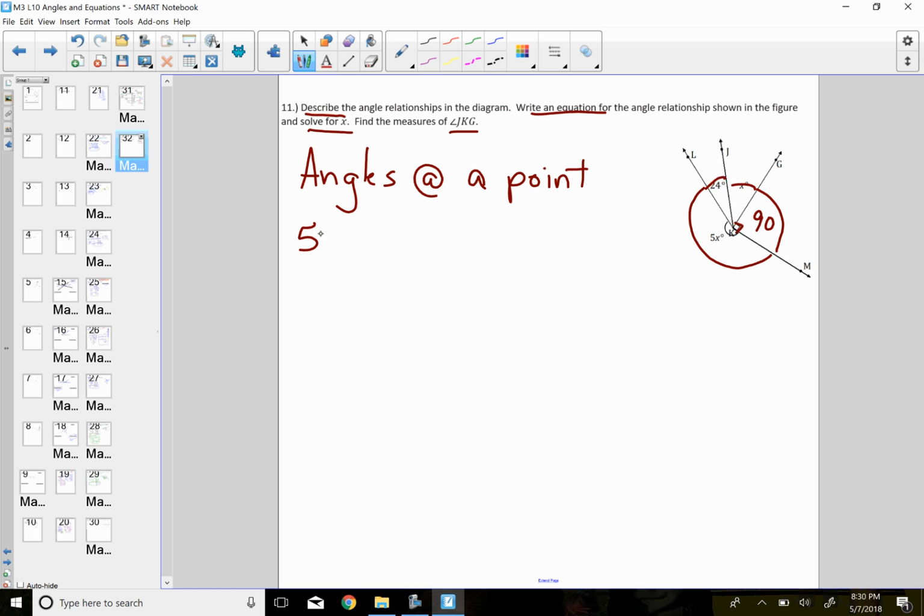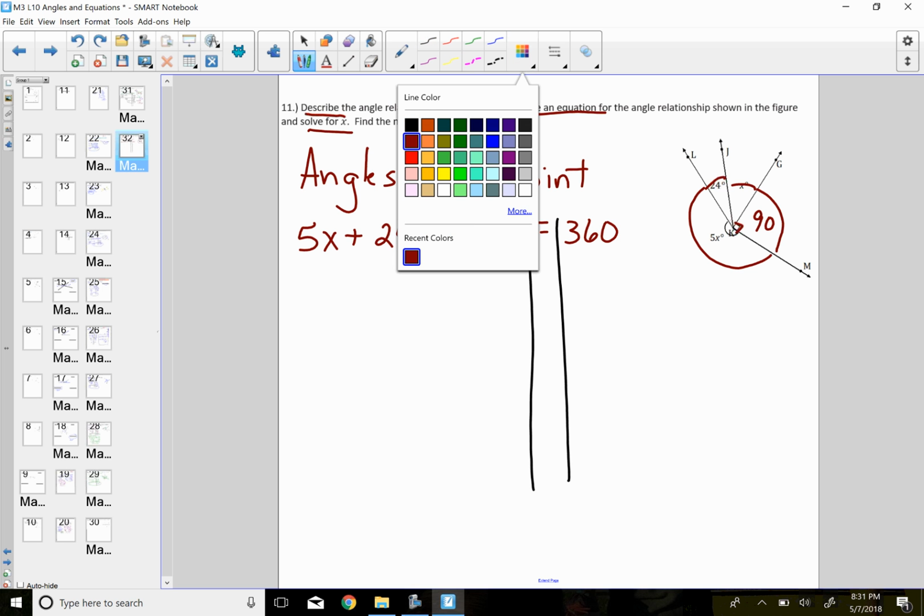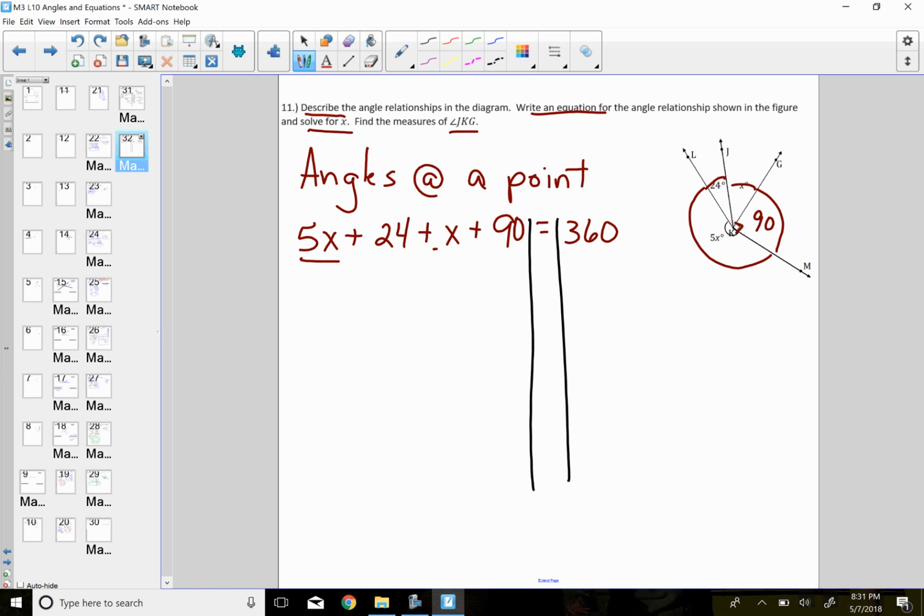So I know that 5x, 24x, and 90 make 360 degrees. If I can solve this equation, I can plug in the value of x to find the parts. Oops, erased too much there. If I combine my terms, I have 5x and x here.